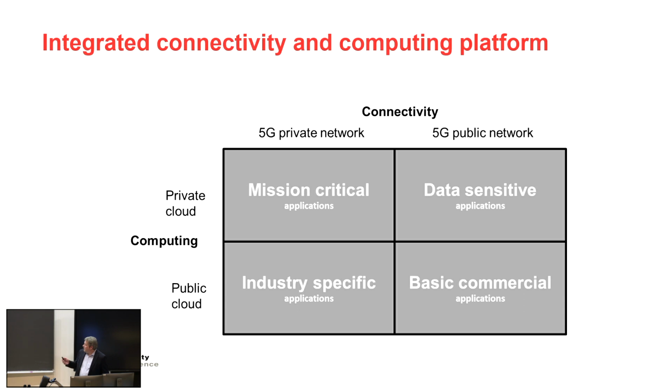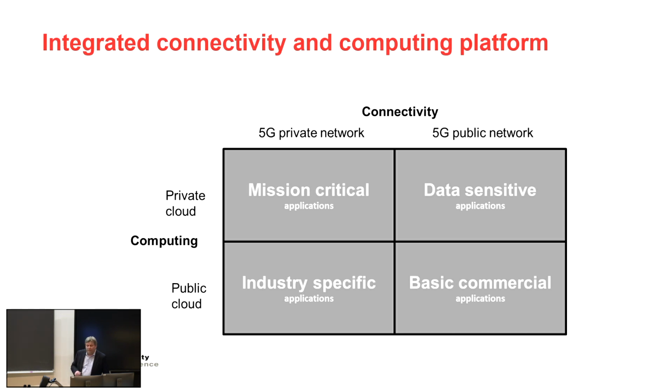Then you might have industry-specific applications you want to run on your private network. You don't want to run them from the public network, but you can use your industry public cloud, for instance Azure or AWS, where every stakeholder who has some role in your process has access. So that means the industry-specific applications.